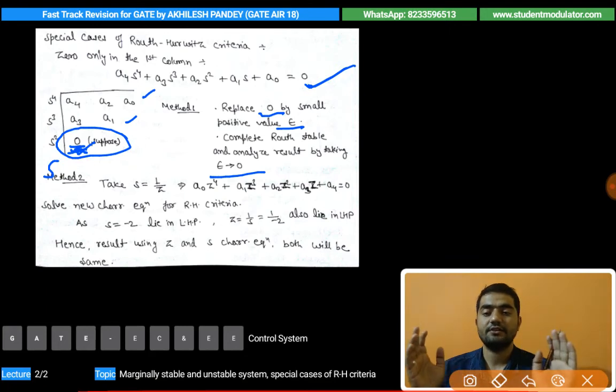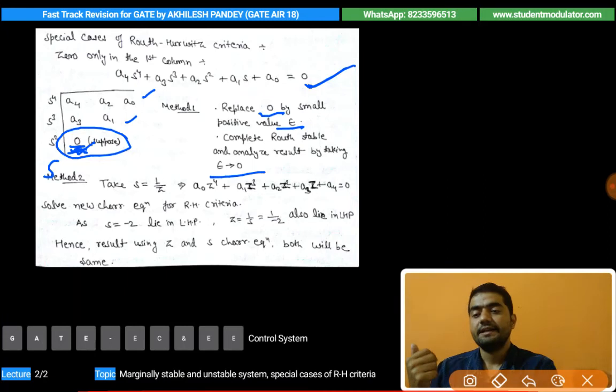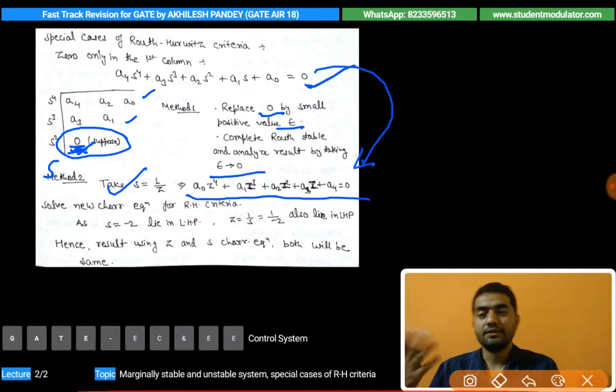So that is the only concern. For checking only that, we can replace s by 1 by z and form a new characteristic equation. Suppose this is the new characteristic equation, and that was the original characteristic equation, and we have replaced s by 1 upon z and formed the characteristic equation in this manner.